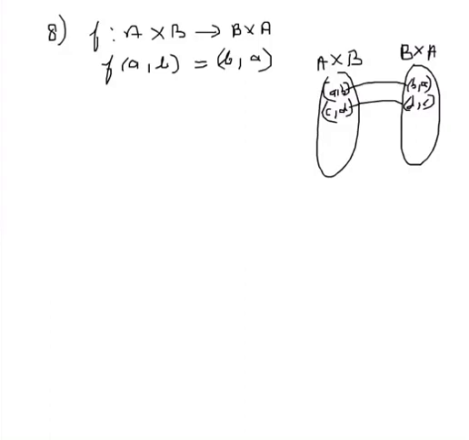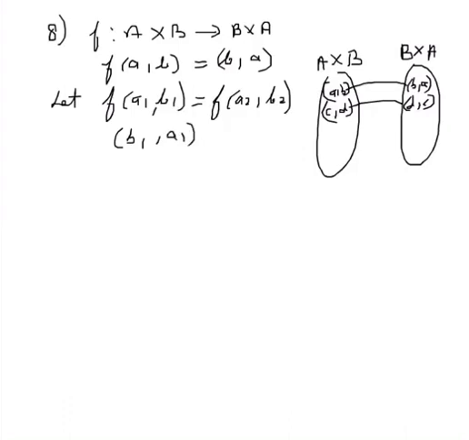Let us show that it is a 1-1 function. Let f of (a1, b1) be equal to f of another element (a2, b2). So this is connected to (b1, a1) and this will be connected to (b2, a2). If two ordered pairs are equal, we know that their first elements should be equal and their second elements should be equal.